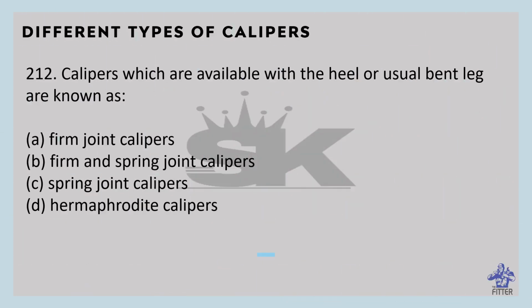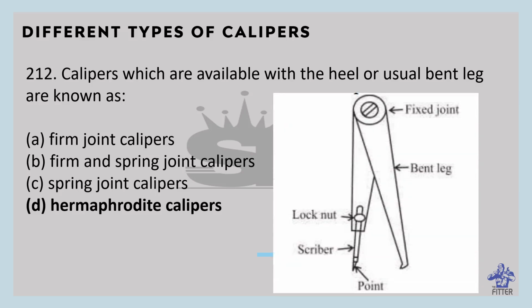Calipers which are available with the heel or usual bent leg are known as, that is hermaphrodite caliper. So this is also called bent leg caliper or a Jenny caliper, right? You can see here in the image, one leg is bent like this. That is why it's called bent leg caliper.